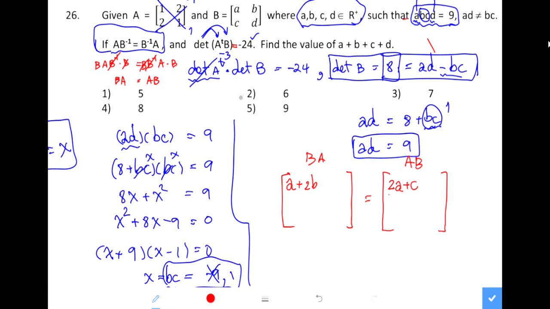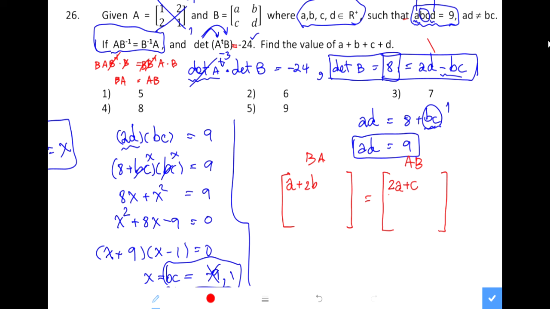Row 1, column 1. So it goes like A plus 2C, that's correct. And then BA, row 1, A plus 2B. Okay, that's correct. So what is wrong with me?